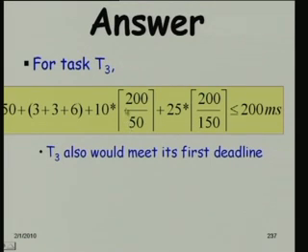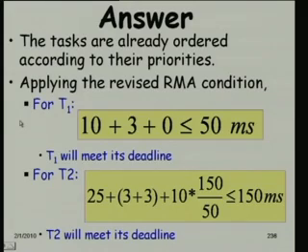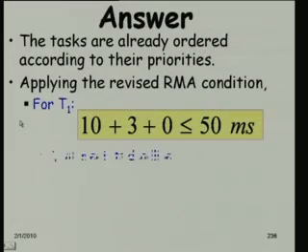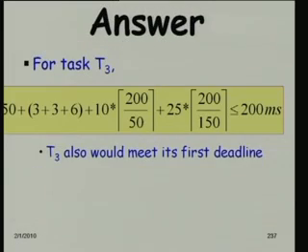So, if you simplify this, that is 2 into 25 plus 4 into 10 plus 12 plus 50, is it not? So, that is 50 plus 12 plus 40. So, 102 plus 50 is 152. So, for T3 also it will meet its deadline.